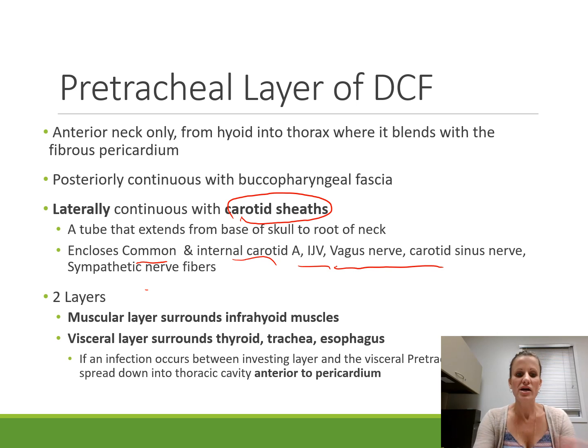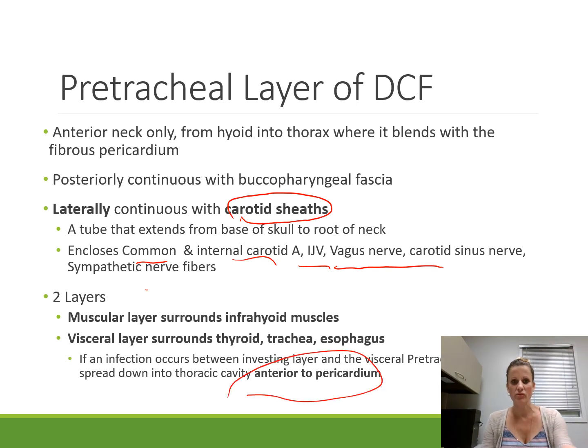This is important because if an infection occurs between the investing layer, which was the first deep layer, and the visceral pretracheal layer, then the infection can actually spread beyond the neck. The infection can spread down through the superior thoracic aperture and into the thoracic cavity, and the infection will occur anterior to the pericardium.